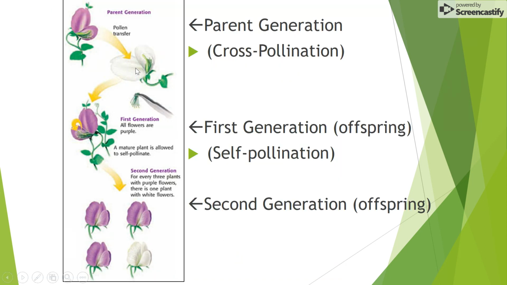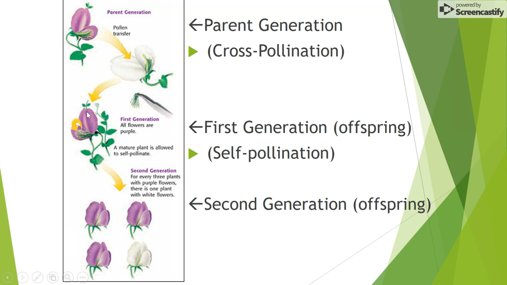Okay, so here's both experiments laid out, making it a little easier to see. Here's that first experiment. Mendel took a purple flower and a white flower and he cross-pollinated it, taking pollen from one flower and connecting it with the ovule or the eggs of a different flower. All of the flowers in that first generation were purple.